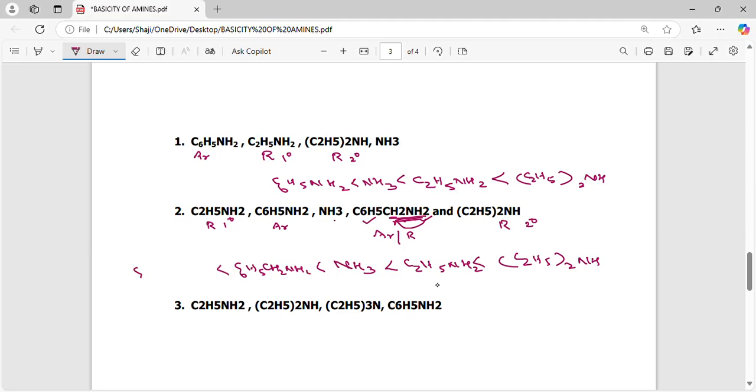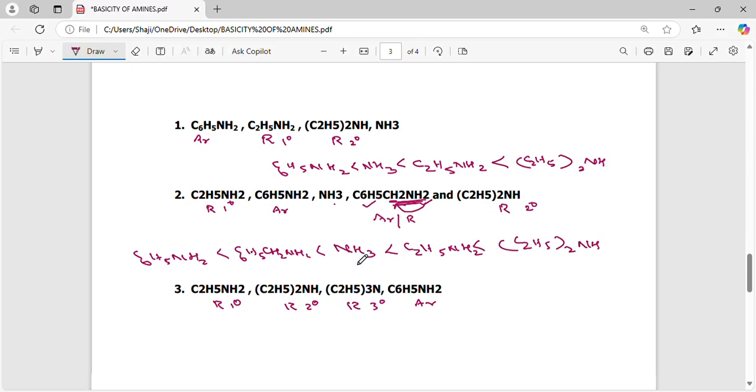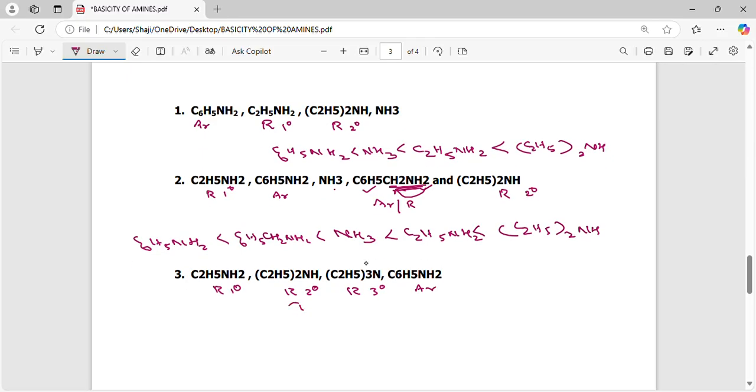And then C6H5NH2, the one with the complete aromatic property. In the next question, this is alkyl primary, alkyl secondary, this is alkyl tertiary, and this is aromatic. So I'm just putting the numbers now. Secondary first, then tertiary, then primary, and then aromatic. This is how we can arrange.